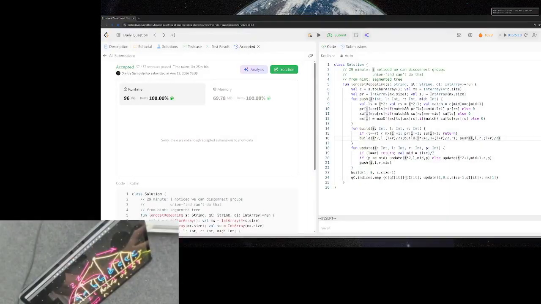And then we do modifications, and we do update. The update is almost the same as build. We search for the index that we updated, whether it's to the left or to the right, and in post order we push up, and then we just take the maximum of the root.